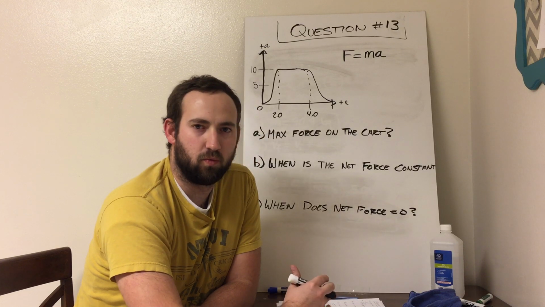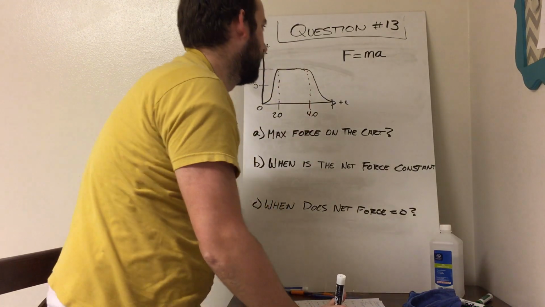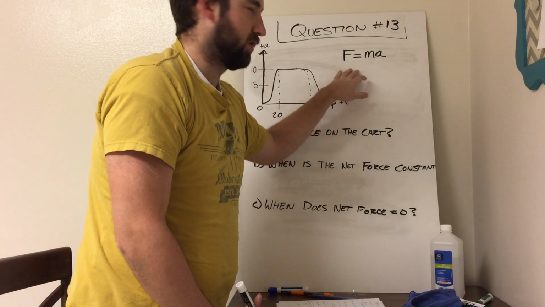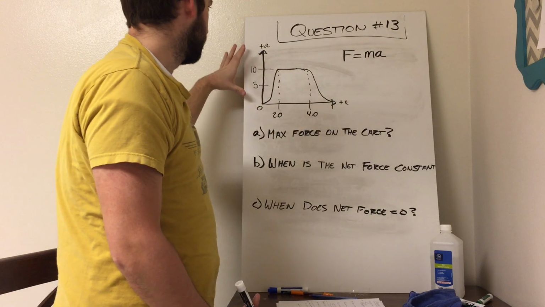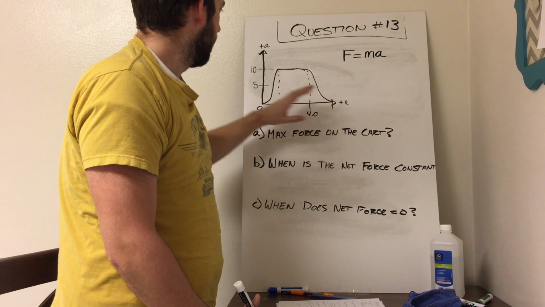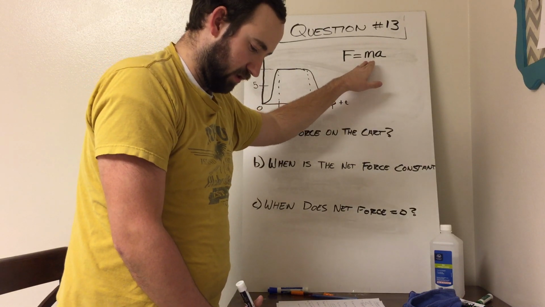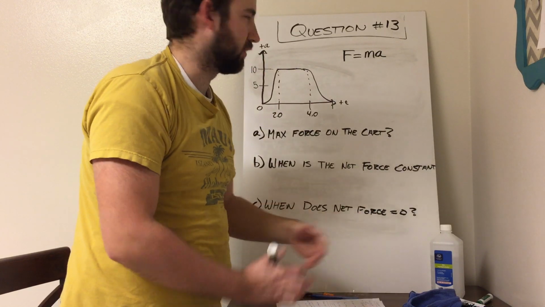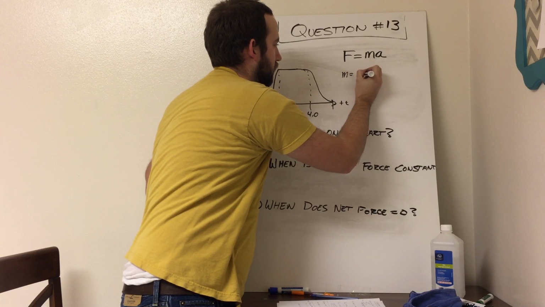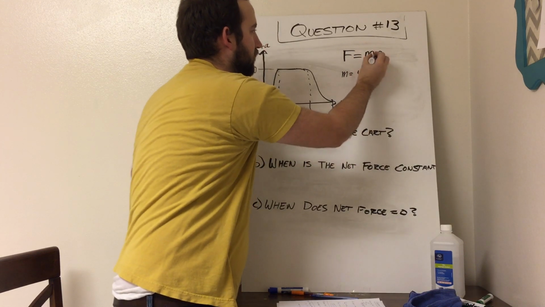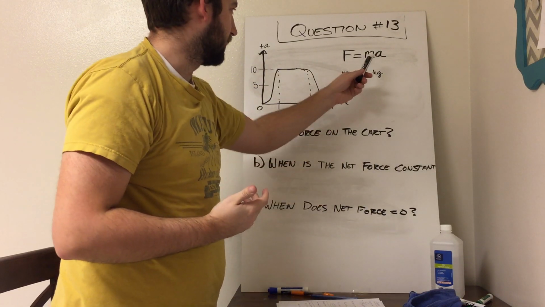So it's talking about what the net force is on that cart. If we remember, force is mass times acceleration. Since this is an acceleration versus time graph, and since the mass is constant, as it said in the problem, 4.5 kilograms, the only thing that's changing the force is the acceleration.